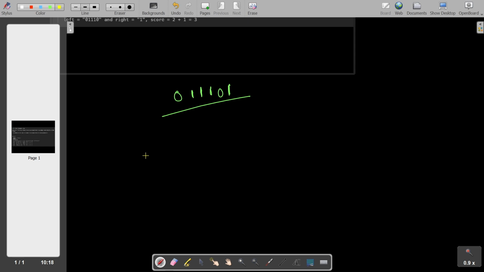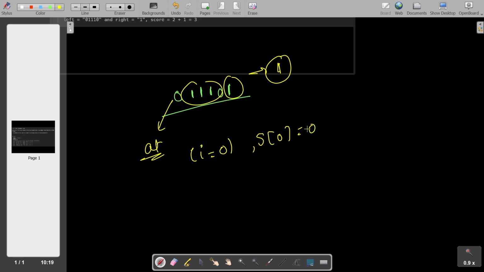Our string is 0 1 1 1 0 1. Initially, we first count the ones, which gives a count of 1 equal to 4. Let's suppose we are at i equal to 0 and s of 0 is equal to 0.